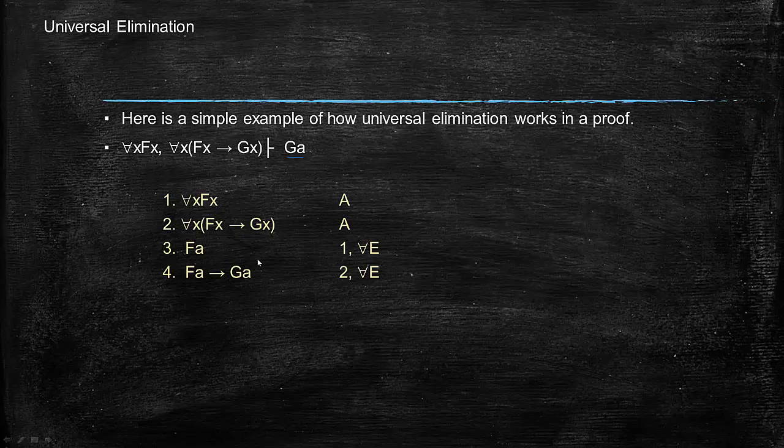And similarly with line 2, we pull the quantifier off. And of course, we could have written if Fb then Gb, but that would be pointless because what we're trying to derive is Ga. So we go to the very same name, and that's okay because you're allowed to go to any name whatsoever.